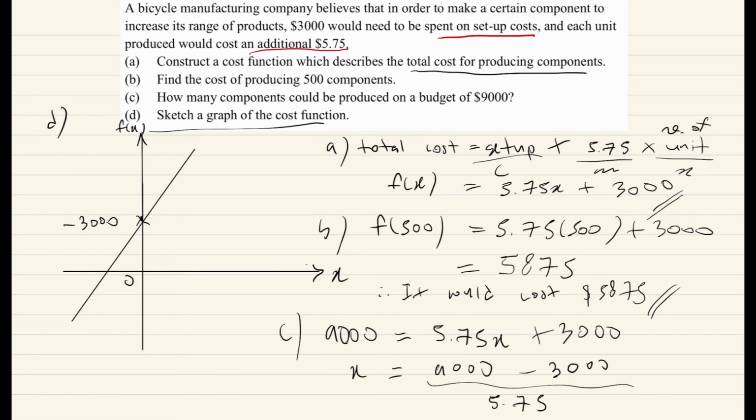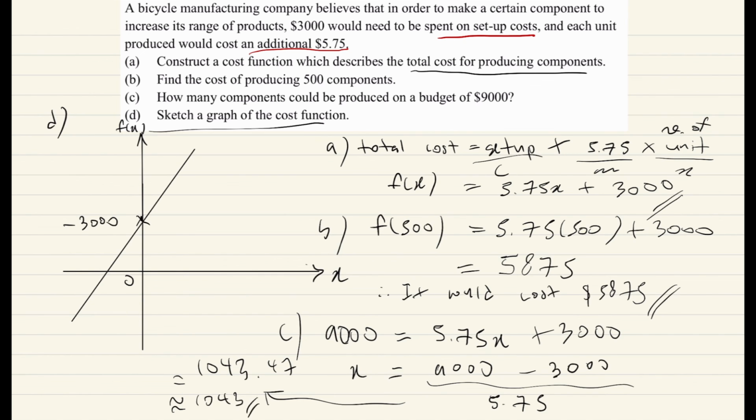So x equals 9,000 minus 3,000 over 5.75. So we actually get 1043 point something for 7, and we'll just take the lowest number.